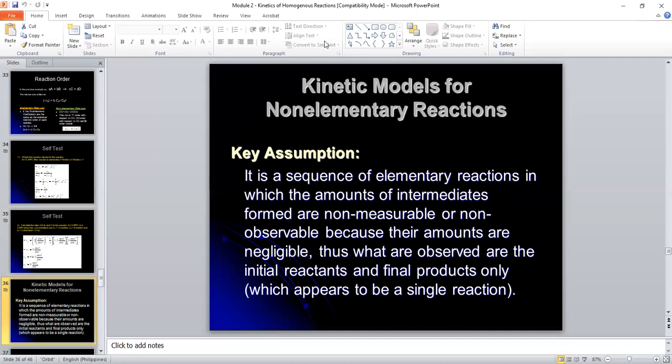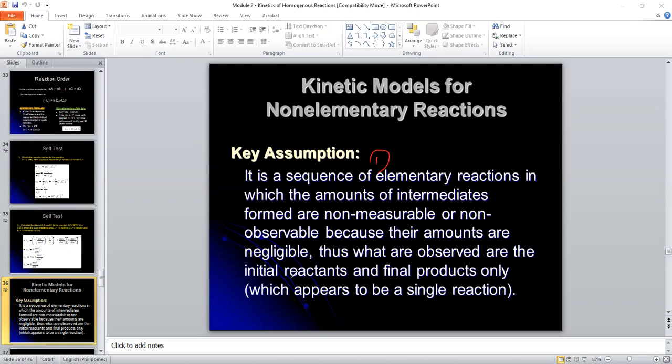you are provided, in the sense of your reaction mechanism, with a sequence of, so take note of this assumption, elementary reactions in which the amount of intermediates formed are non-measurable or non-observable because their amounts are negligible. Thus, what are observed are the initial reactants and final products only, which most of the time appears to be just a single reaction.